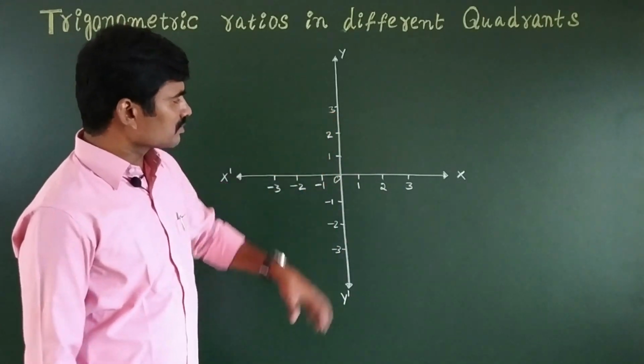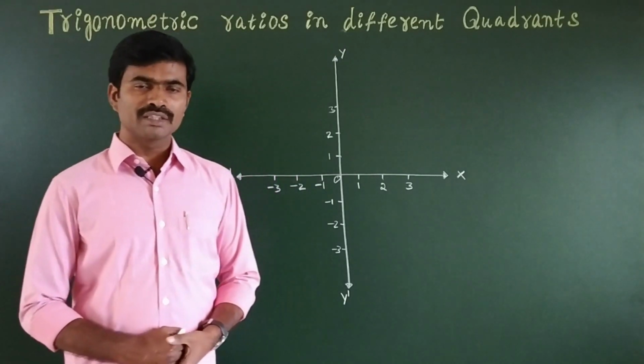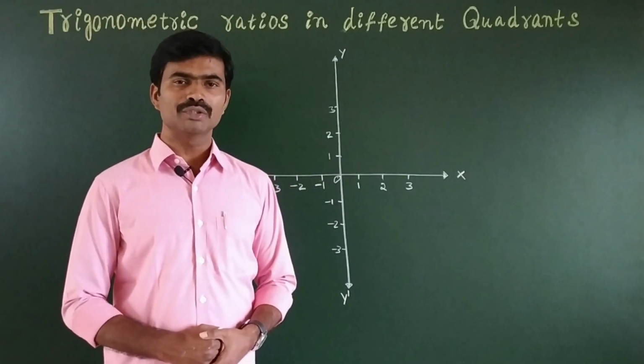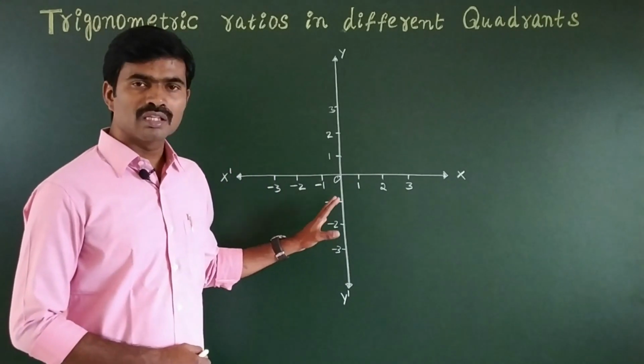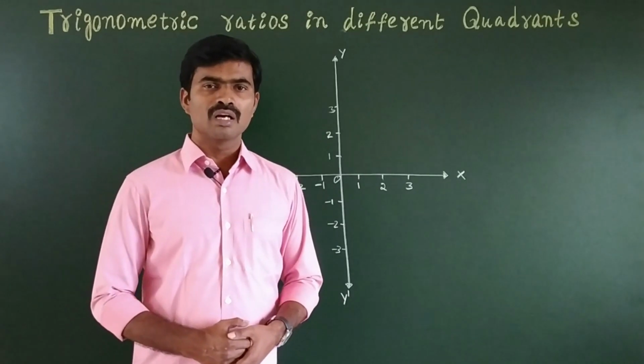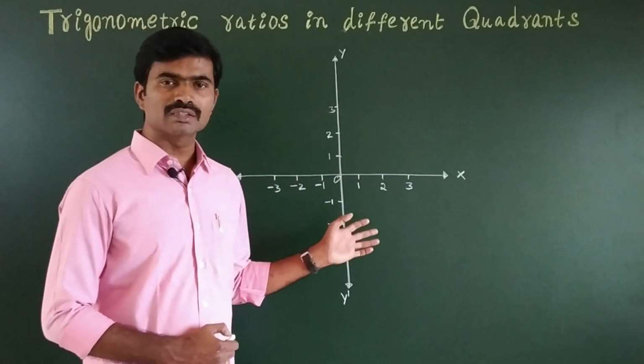In the Cartesian plane, the x-axis and y-axis divide the plane into four quadrants: quadrant 1, quadrant 2, quadrant 3, quadrant 4. How can we define the quadrants?